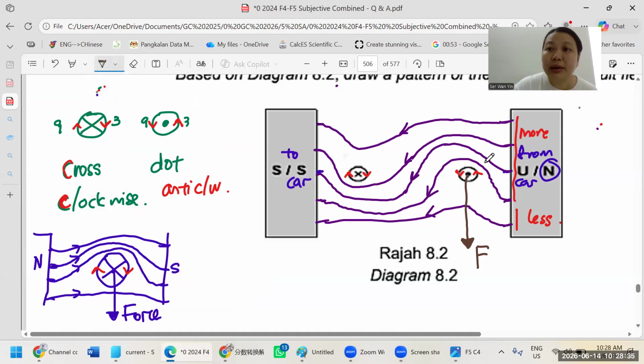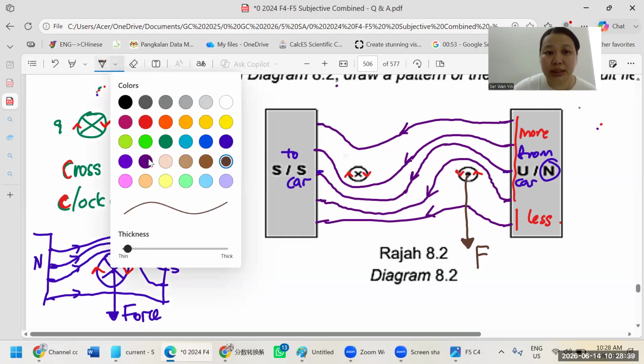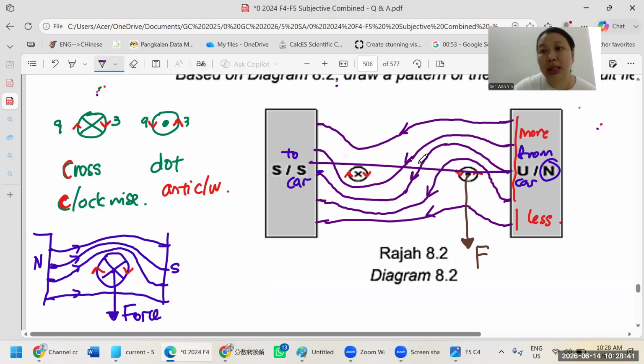So interaction means the line from north to south is supposed to be straight. But now we have 2 roundabouts interfering. These 2 roundabouts are the CCC, current carrying conductors. All of these are CCC, current carrying conductors.